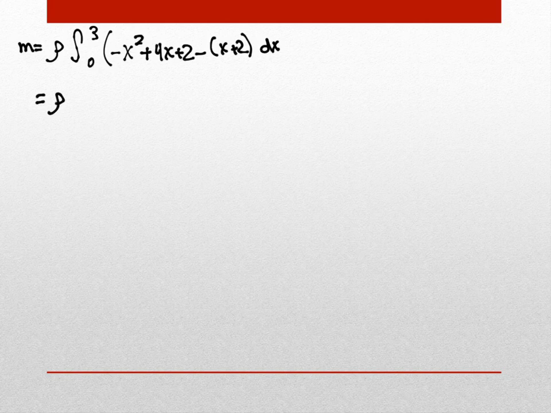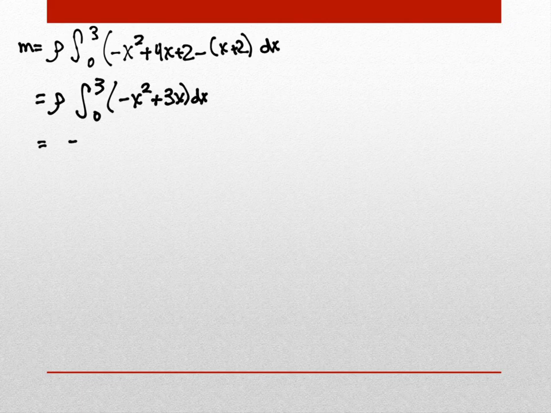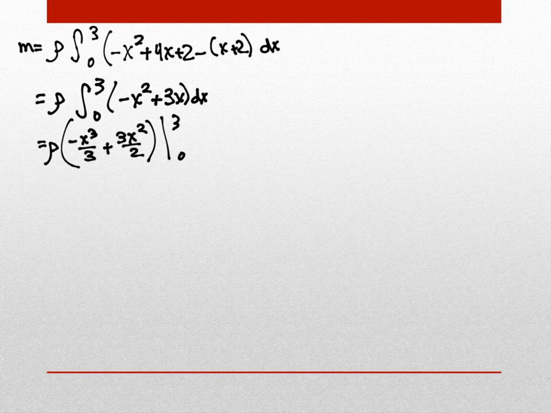So this is rho times the integral from 0 to 3 of just the same thing we've been getting all the way along, negative x squared plus 3x. Okay, no x at the beginning because I don't have that for the mass. So this would be negative x cubed over 3 and 3x squared over 2, evaluated at 3 and 0.